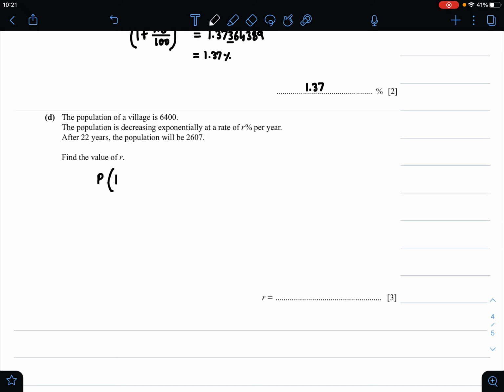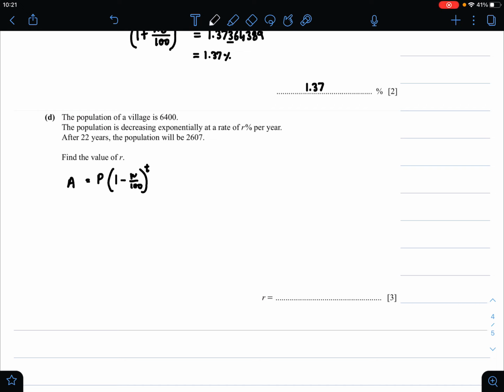So instead of 1 plus the rate, we will do 1 minus the rate divided by 100, raised to the number of years, that is 22 years, because they are saying after 22 years the population will be the following. So this is the formula, and now let's input all the values that we know.